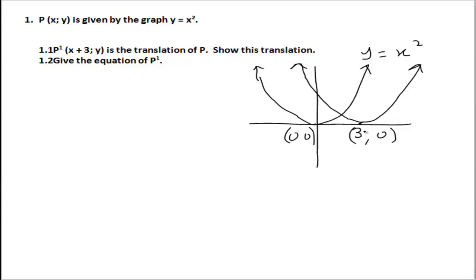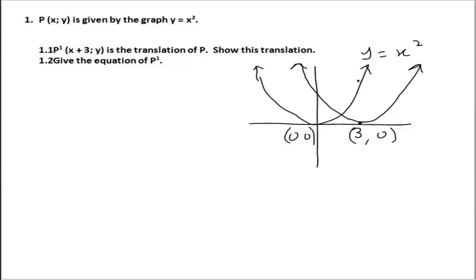Now the question is, what is this equation and what is the easy way to do it? I always suggest to people to say, I've got the 3 here. If I replace the x by 3 in the original, I'll get a point here, 9. So x is equal to 3, 9.